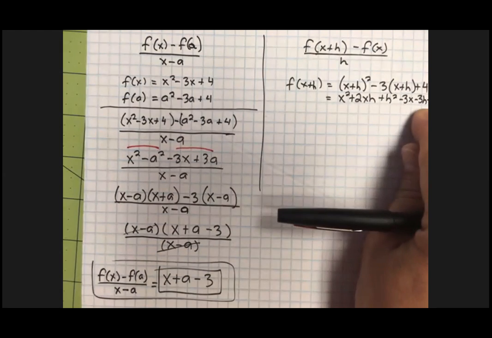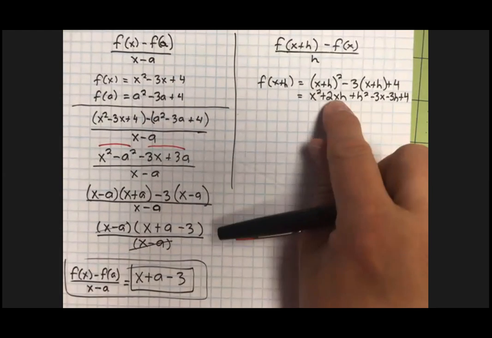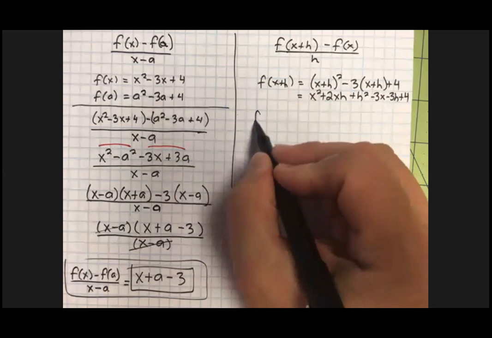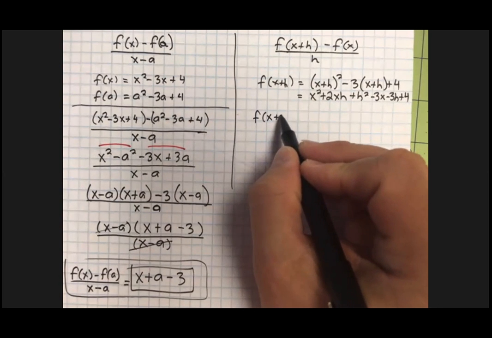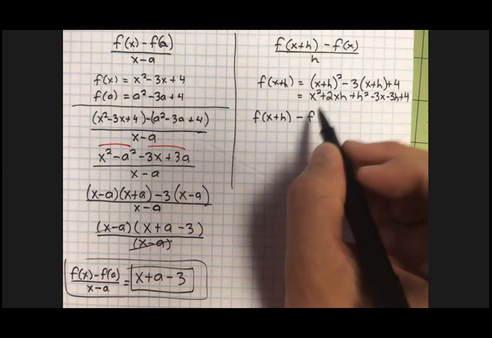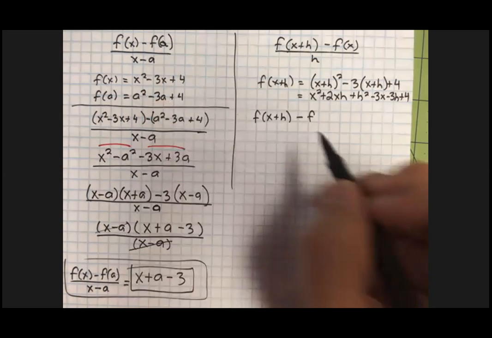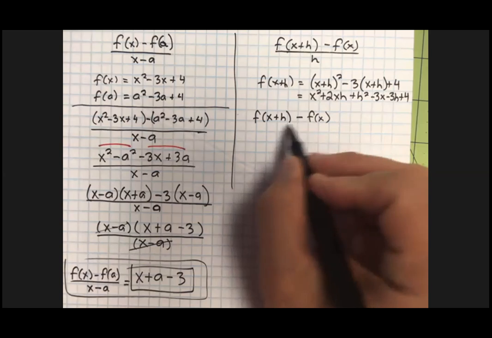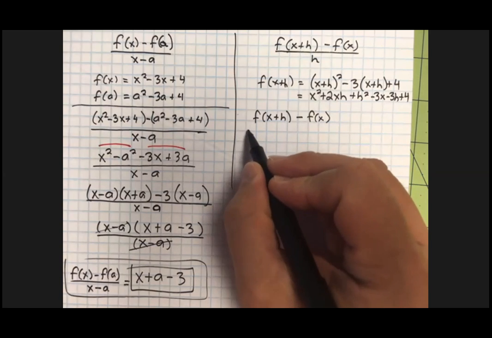So that looks like a long string of stuff. So what happens if I take that long string of stuff and I subtract the original stuff? Let's write it out.